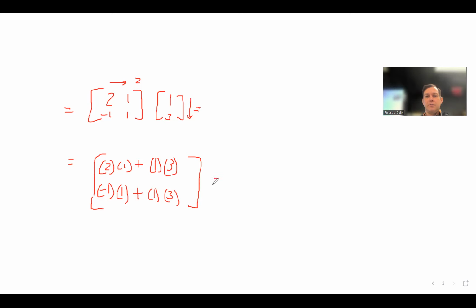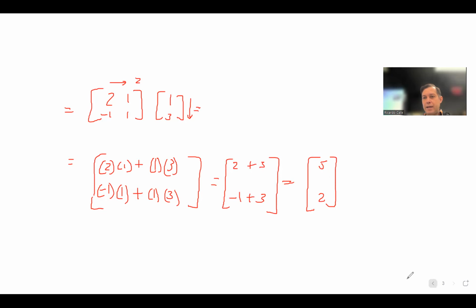All right, so now to finish this up, 2 times 1 is 2, and then 1 times 3 is 3, right? And I'm going to close this one, and then minus 1 times 1 is minus 1, and the other one is 1 times 3 is 3, plus. So then this becomes 2 plus 3 is 5, and this is 2, basically.